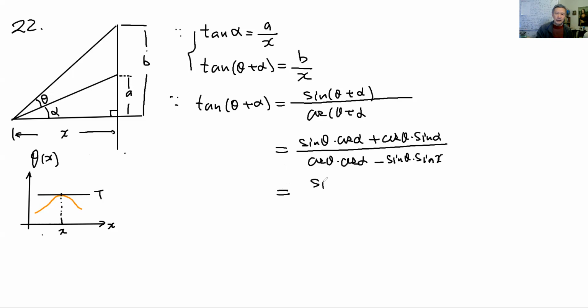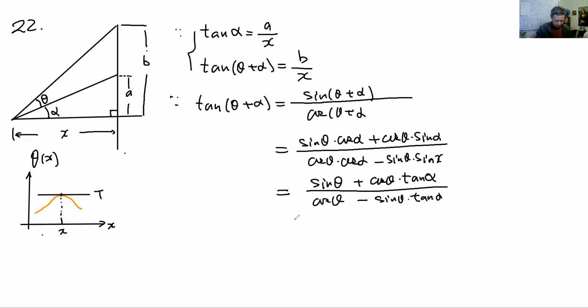The numerator becomes sine theta plus cosine theta tan alpha, and the denominator becomes cosine theta minus sine theta tan alpha. And tan alpha is a over x. You can substitute that.